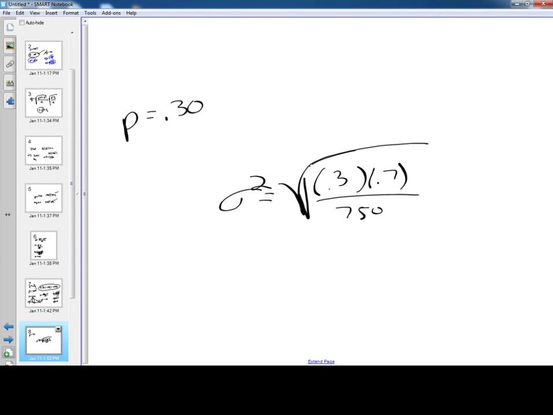Yeah, so if I square that standard deviation, what was this, 0.21? And I want that to be half, so I would multiply by 2, which means multiply by 2 over here.